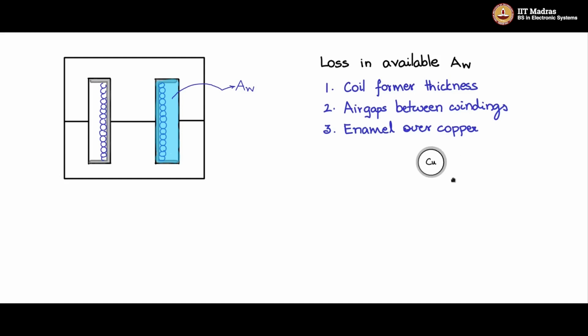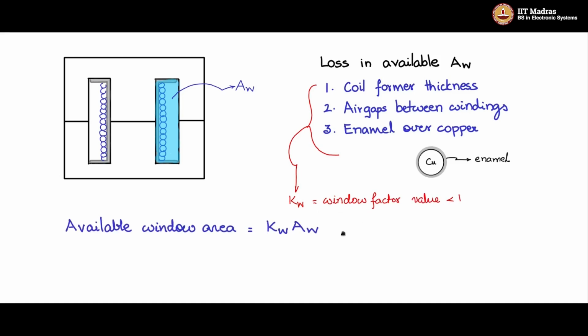There will not be a short circuit. But this enamel cover is going to eat up some portion of the window area. So now all these are going to reduce the window area by a factor called the window factor KW. This window factor KW has a value less than 1, and the available window area can be written as KW AW. And for the inductor, KW is between 0.4 to 0.6.